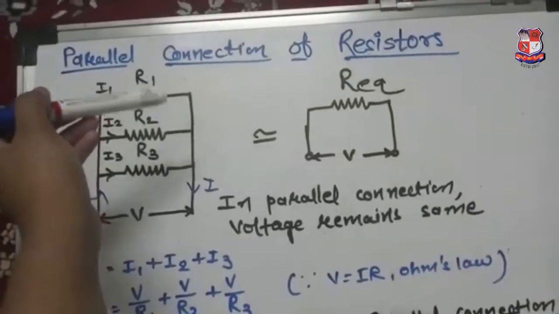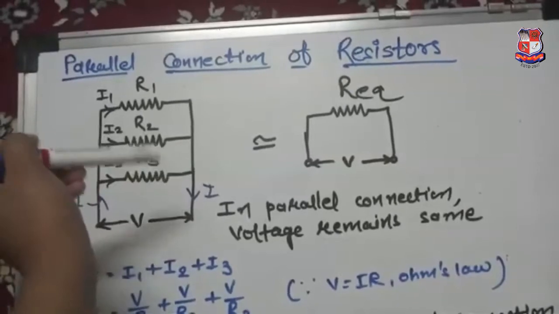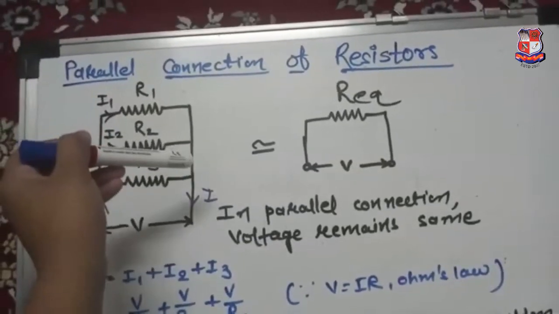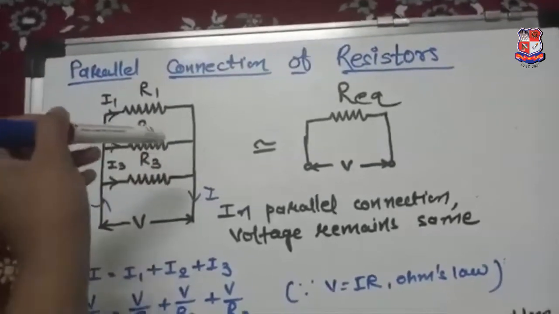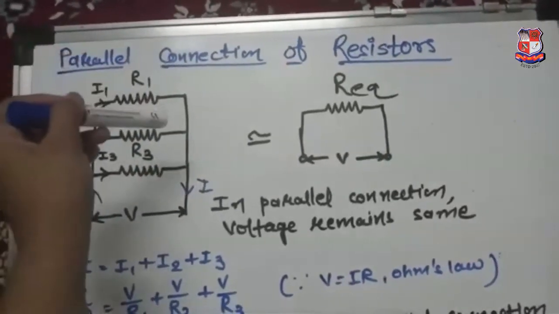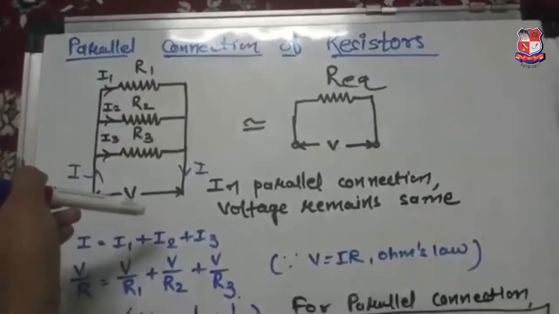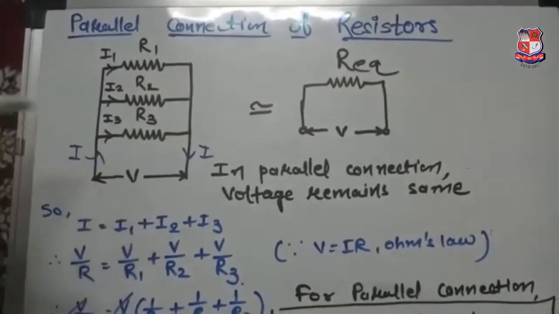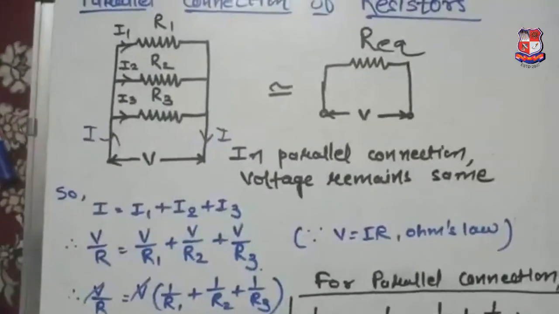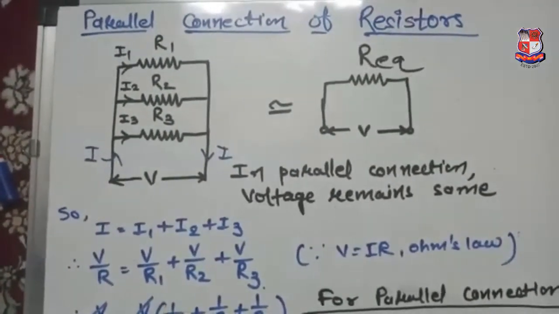In the same way, all the other ends of the 3 resistors are connected together and the other terminal is taken out. That is the parallel connection. Now this parallel connection of the resistors is connected across the supply having a voltage of V volt. Now we start to derive the equation for equivalent resistance.